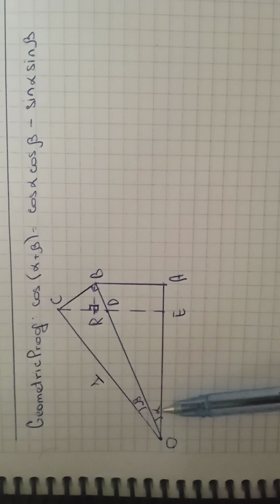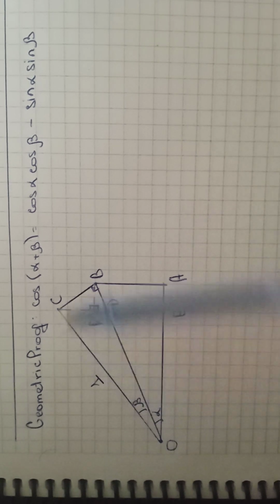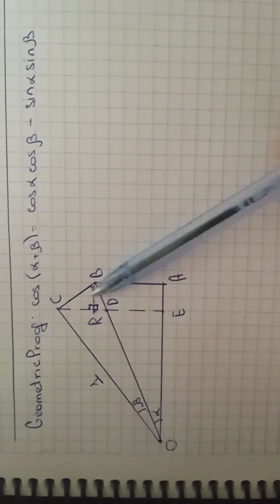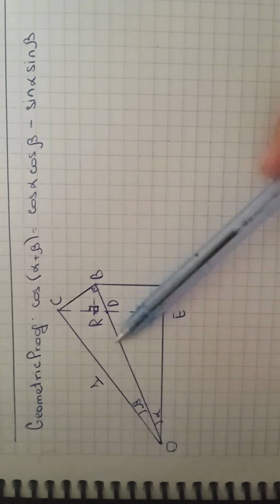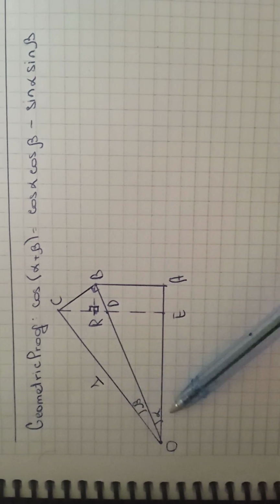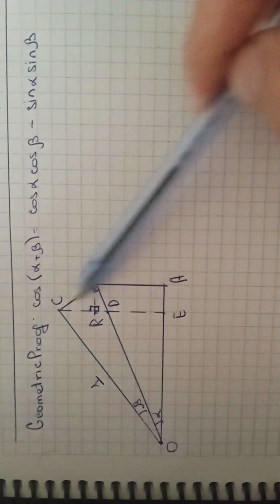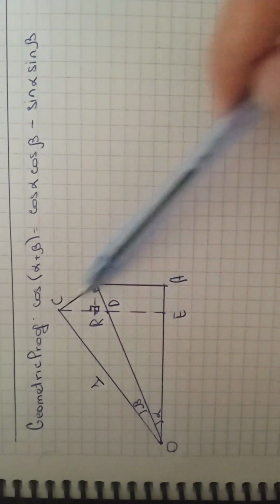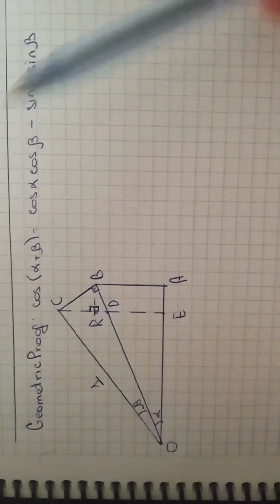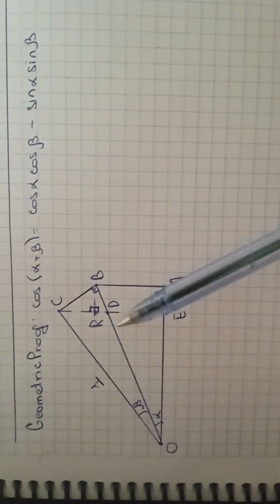The angle here is alpha and the angle here is beta, and these two triangles have been put on top of each other so that this angle here is equal to alpha plus beta, and with this line segment here, we can create another triangle to find its cosine.